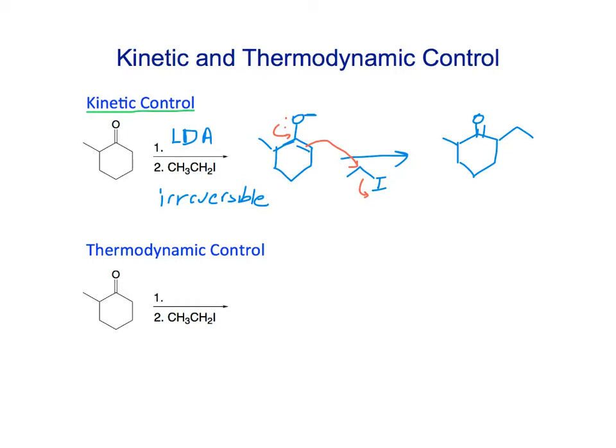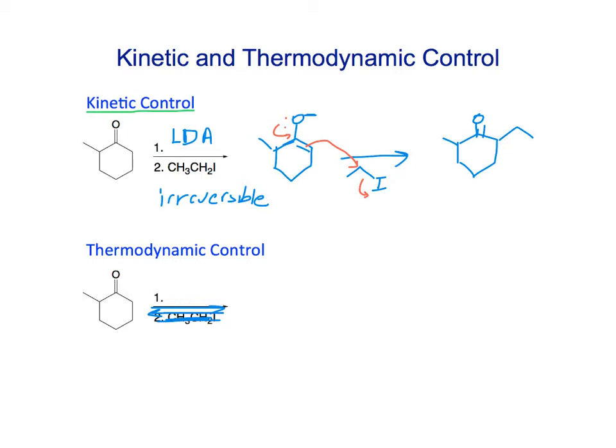So we want this first step, let's just cross this out, we'll put it in afterwards, we want this step to be reversible. So what we're going to do is use a base and a solvent system that has a proton source, because we want to deprotonate and reprotonate.